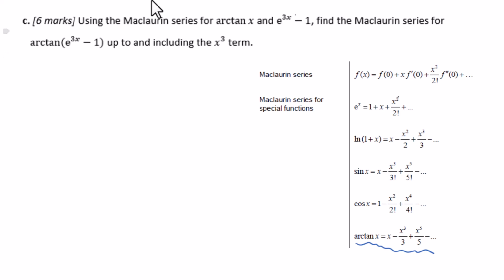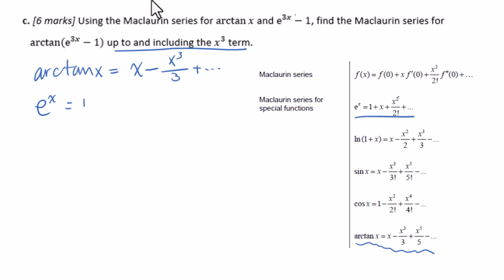Remember, we need the Maclaurin series up to and including the x to the third power term. For arctangent x equals x minus x to the third power over 3, then we stop. e to the x power equals, given here, 1 plus x plus x squared over 2 plus x to the third power over 6.